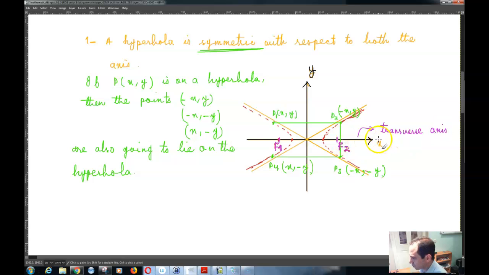Whether you align the transverse axis with the horizontal axis in the plane, the vertical axis, or any other orientation, the foci are always on the transverse axis, always over here.